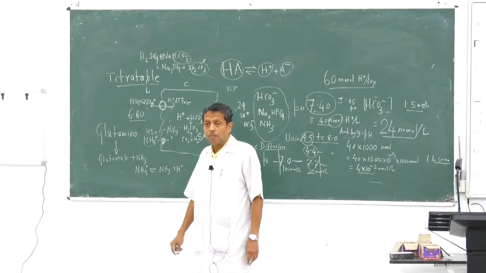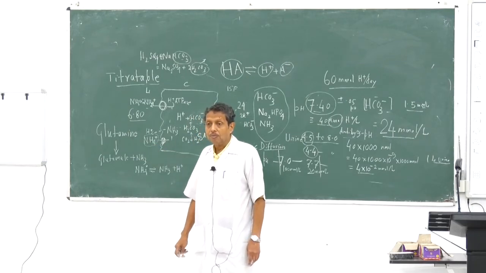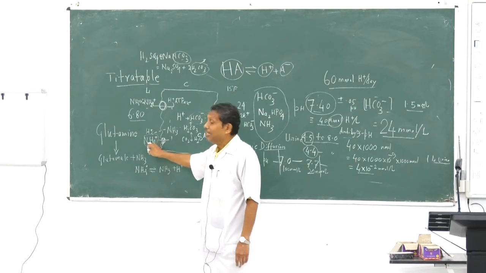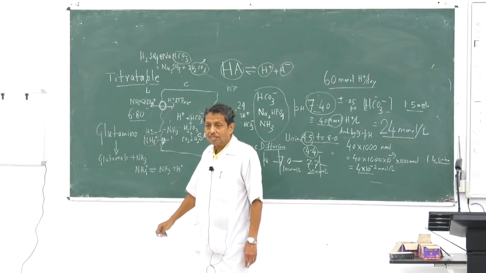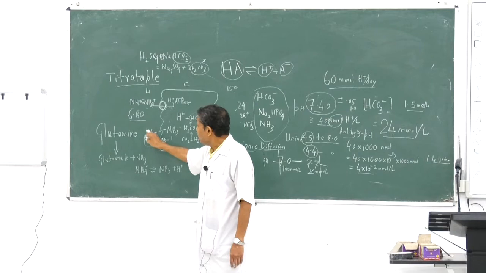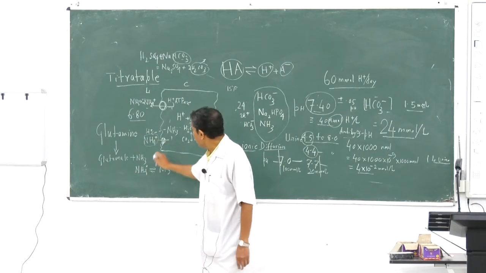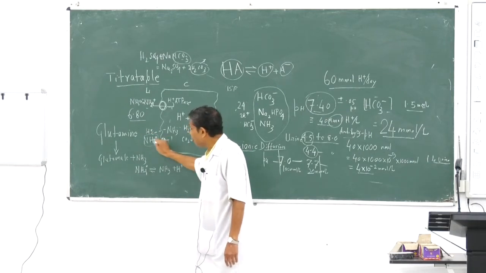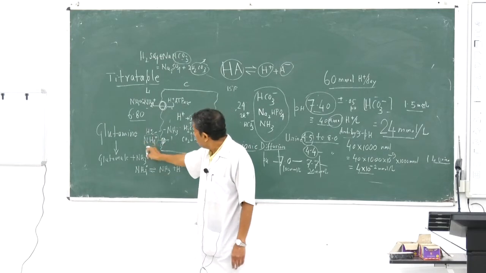So free NH3 is almost non-existent once it has taken up the hydrogen ion, and it cannot diffuse back. It will remain in this lumen.